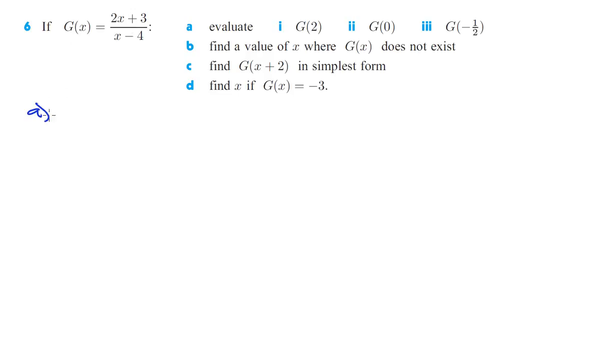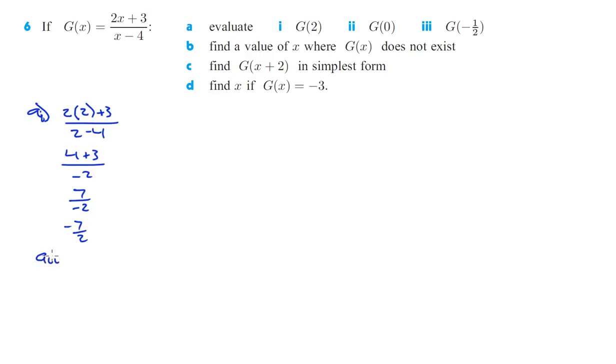So part 1 is 2 times 2 plus 3 all over 2 minus 4. So 2 times 2 is 4 plus 3 over negative 2 is 7 over negative 2, which is just negative 7 halves for part 1.